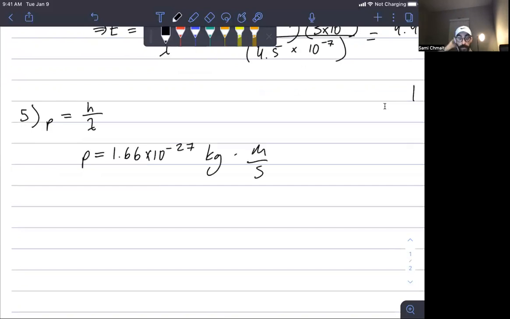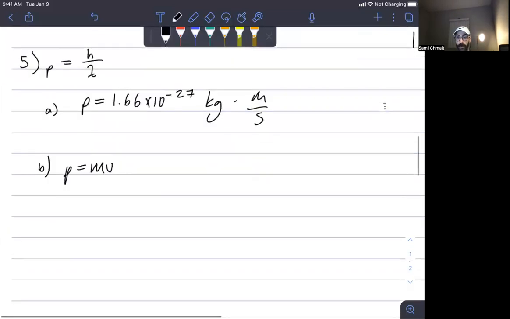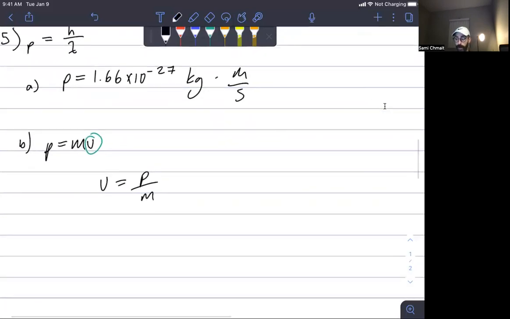Okay. And then we have the momentum of an electron, as we just found, where we know momentum P is equal to mv, right? And what we're solving for is that v, right? So we're going to rearrange this equation, where v is equal to P over m, the mass of the electron, and the P value, that momentum we just found.